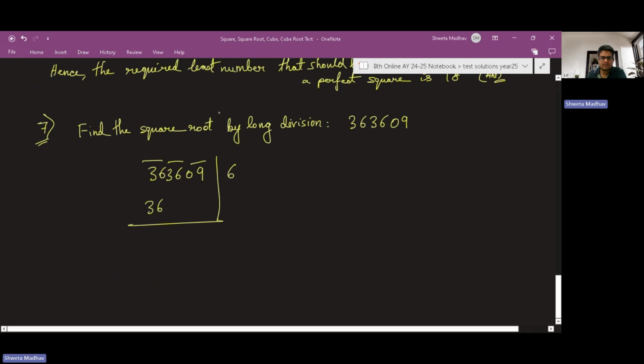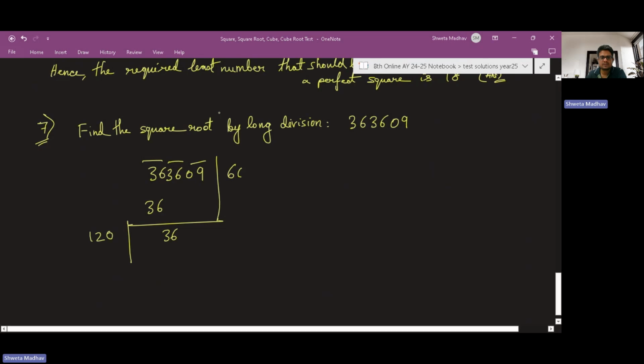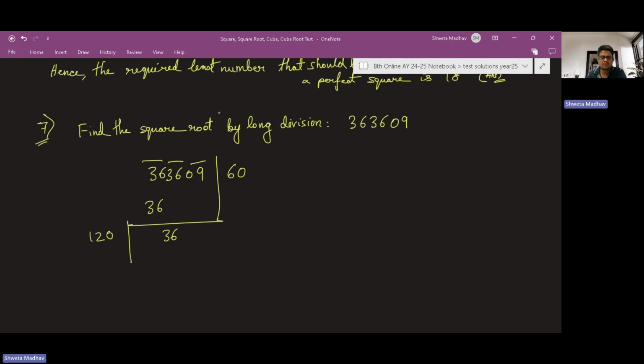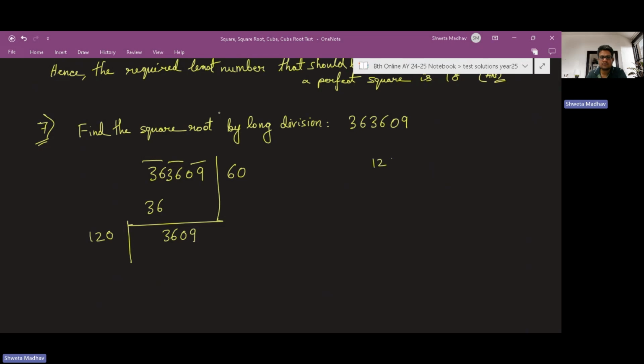Then the next pair, which is 36, comes down. Then 6 into 2 is 12, so 120, here 0. And the last pair also comes down, so 3609. Here 1203 into 3 gives 3609, with 3 here.